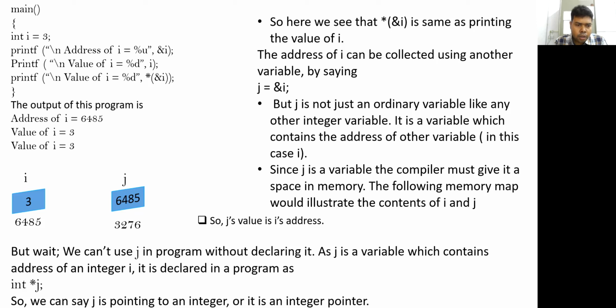So that is why int asterisk j is representing that j is a memory address and it is storing an integer, and this j can be stored in any other memory location. So this asterisk is basically called the value at address.